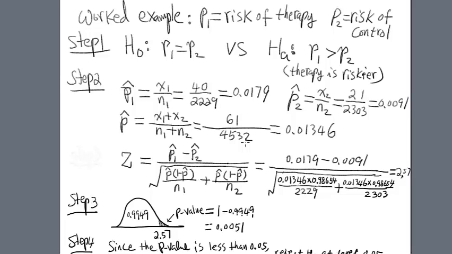In other words, the hormone replacement therapy is riskier. So next, we're going to talk about confidence interval for the difference between P1 and P2. And I'm going to show you the details.